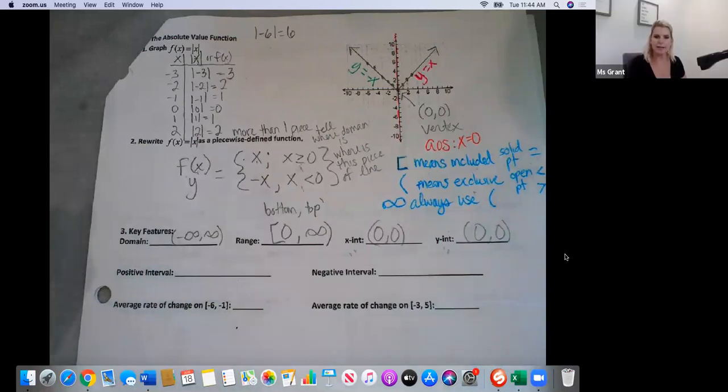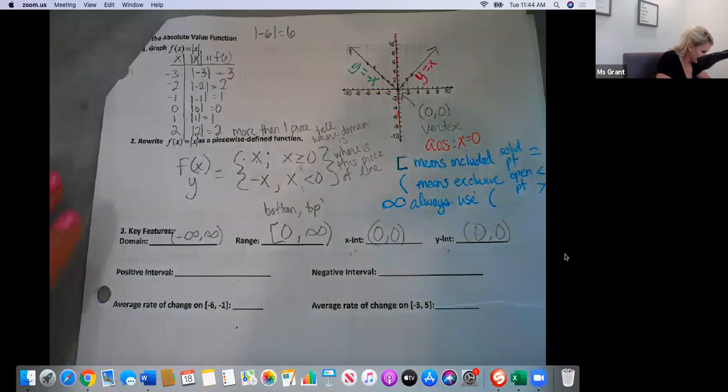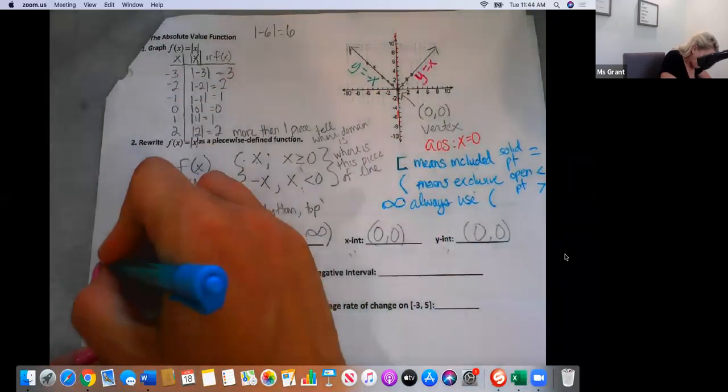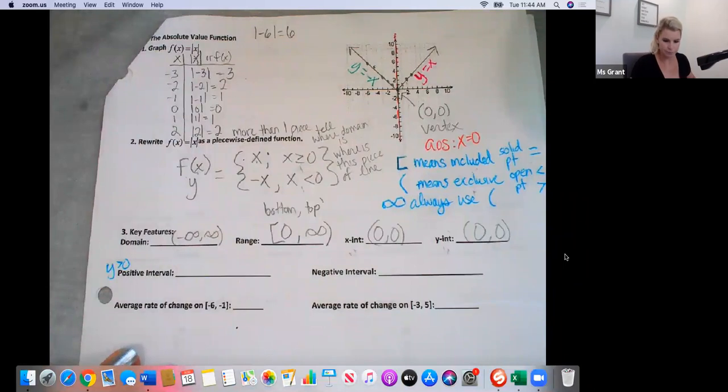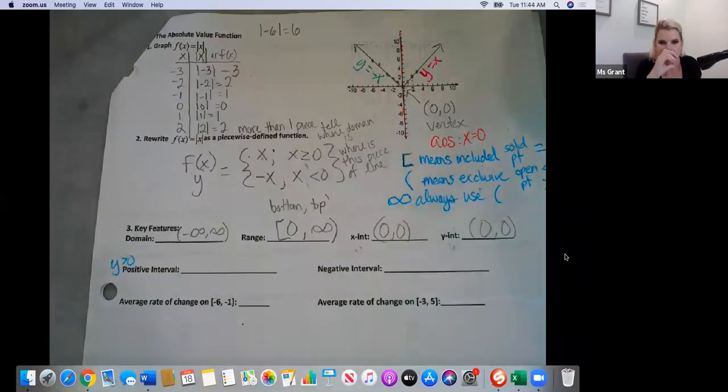A positive interval is, we talked about this yesterday, right? Where is my x, or where is my y greater than 0? I don't want to know where it's at when it equals 0. So I've got two parts here, you guys. Check this out.